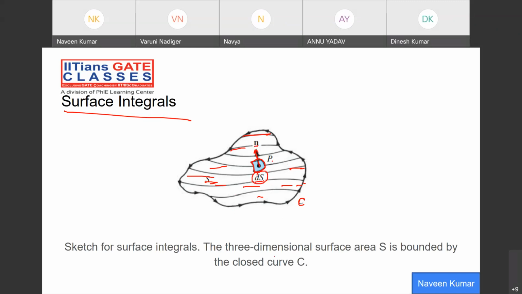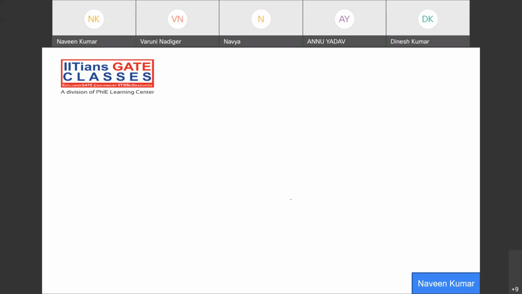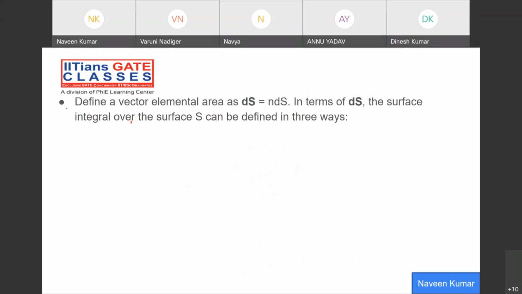The three-dimensional surface area S is bounded by a closed curve C. Now you can apply the surface integral. Define the vector element area as ds equals n into ds.